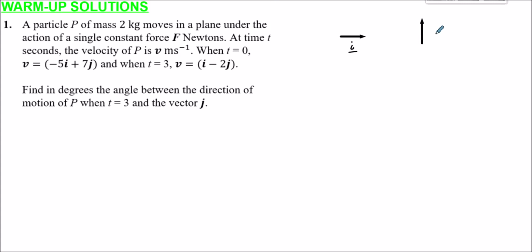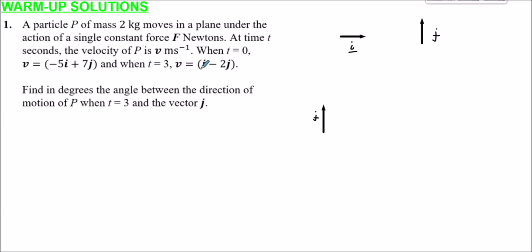So we want the angle in between j and the velocity when t is 3. And so what we're wanting here is the angle in between j, which goes vertically up, and the velocity when t is 3.